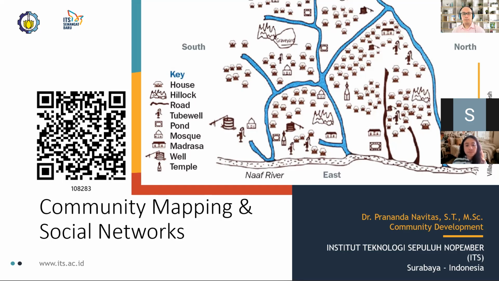Right, so this week's topic, community mapping and social networks. We'll kick things off with the community mapping bit, because that's going to take quite a large portion of today's session. We all know what a map is, and in its simplest form, a map is a picture of a place, usually seen from above.